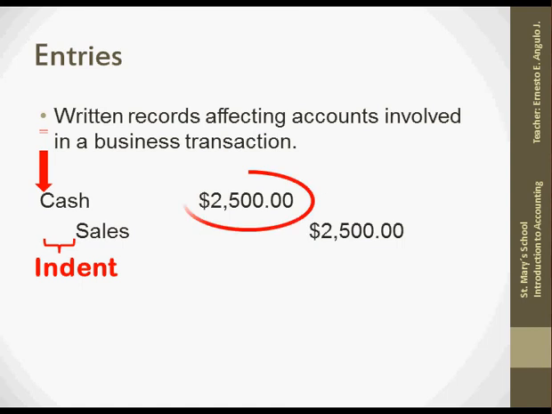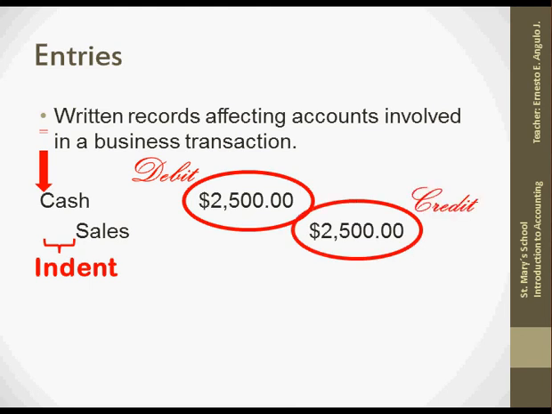The amounts of debits are written in a left column perfectly aligned, decimal points under decimal points. The amounts of the credits are aligned forming a right column, again decimal points under decimal points.